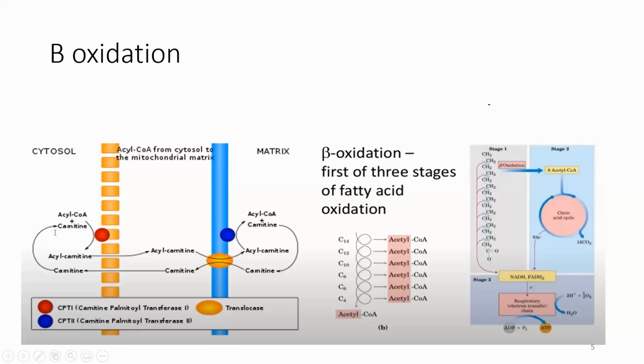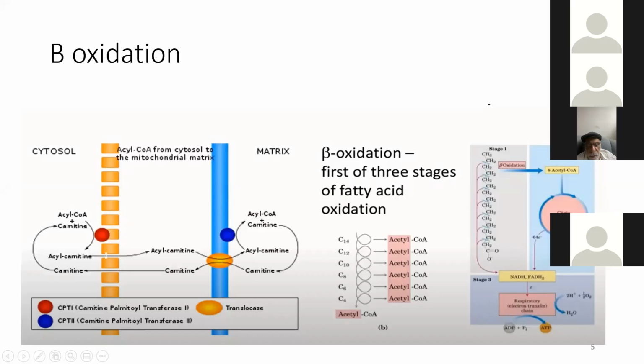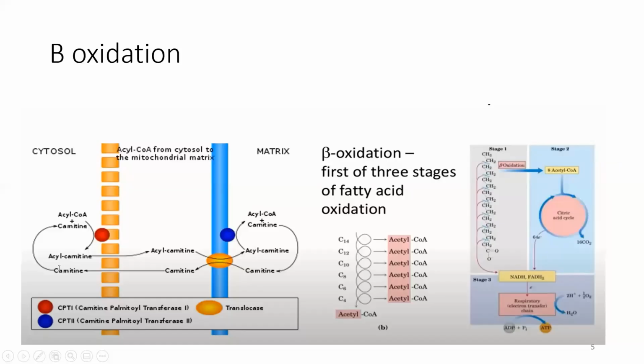Acetyl CoA in the previous slide cannot enter the mitochondria. These are the outer and inner mitochondrial membranes. The carnitine shuttle allows acetyl coenzyme A to enter the mitochondria to undergo the 3 stages: beta oxidation, then Krebs cycle, then the respiratory chain and formation of ATP.